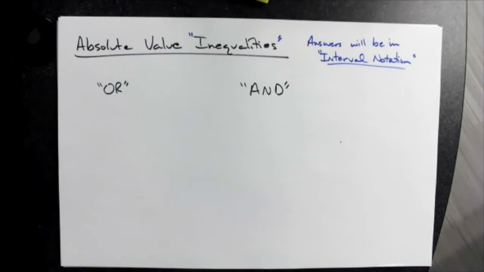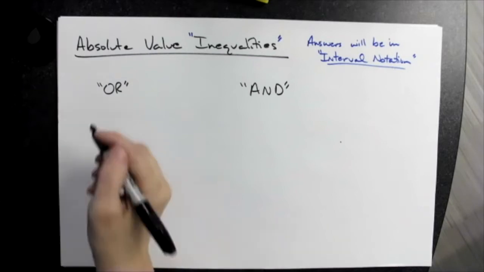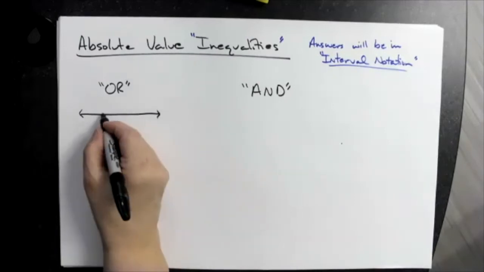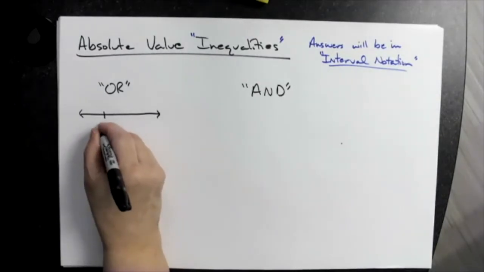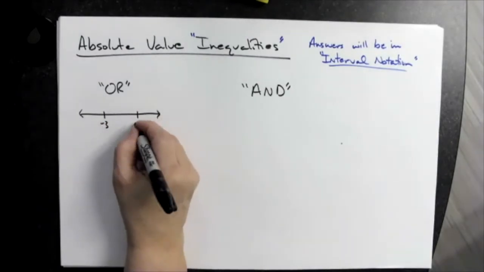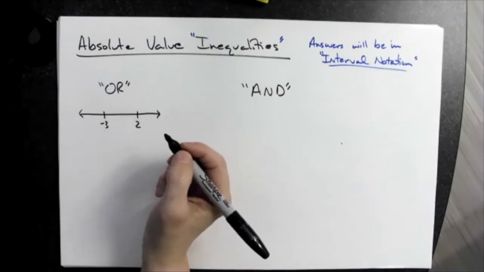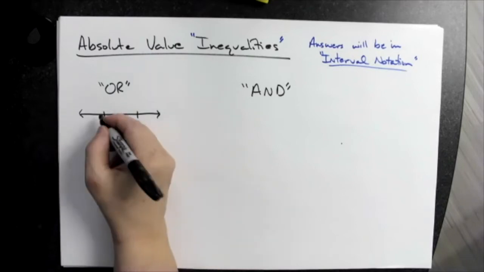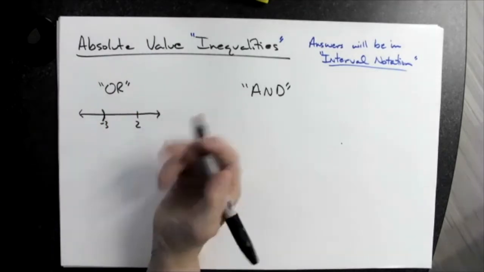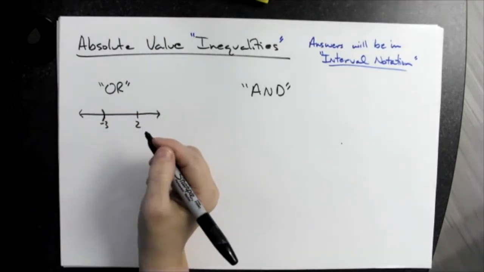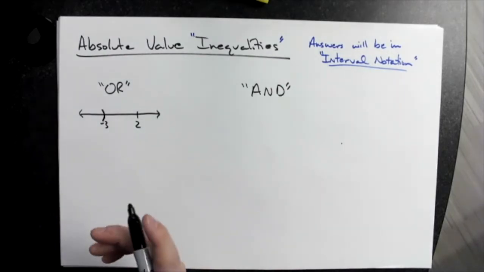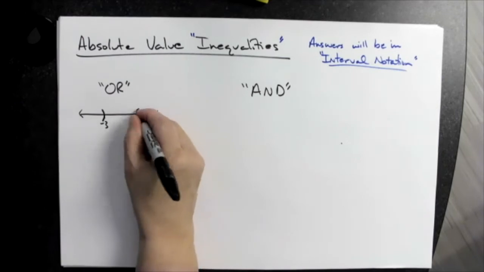Now your "or" inequalities, if we look at that from a graphical standpoint, I'm just going to do a number line here so that we can get the hang of this. Let's say we've got -3 down here and a 2 down here. We do curvy brackets and square brackets, right? So let's say there's a curvy bracket on the -3 and a curvy bracket on the 2 as well.